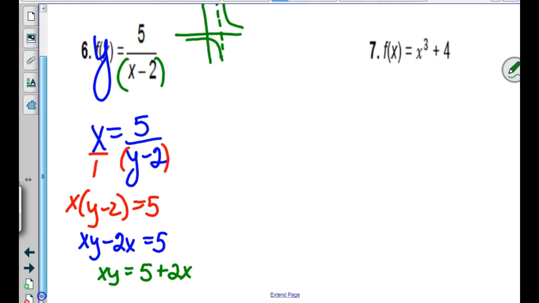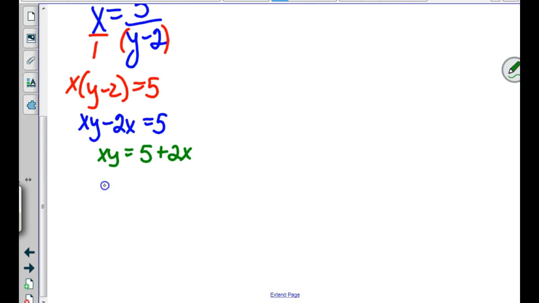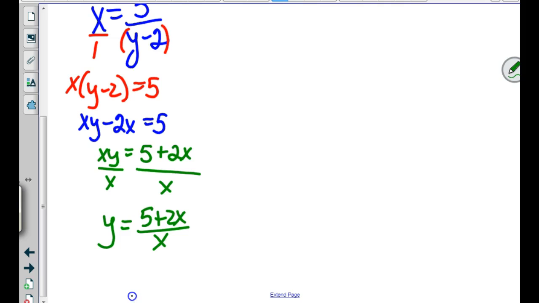Divide by x. So I have y equals 5 plus 2x over x. Anybody know how else that could be written? Yes.